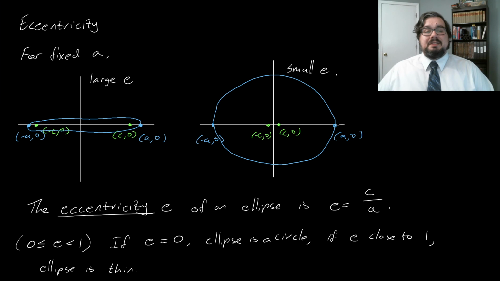For instance, the orbits of the planets in the solar system are approximately ellipses, or very, very close to being ellipses, with the sun as one of their foci. But the orbits of the planets tend to have pretty small eccentricities, especially the planets like Earth and Mars.